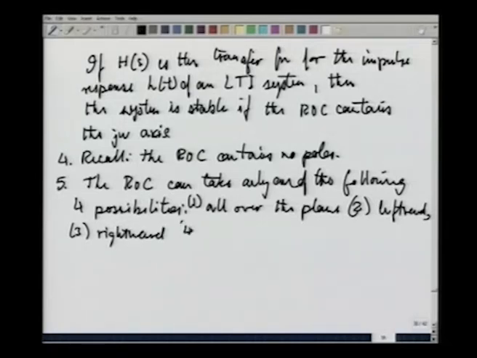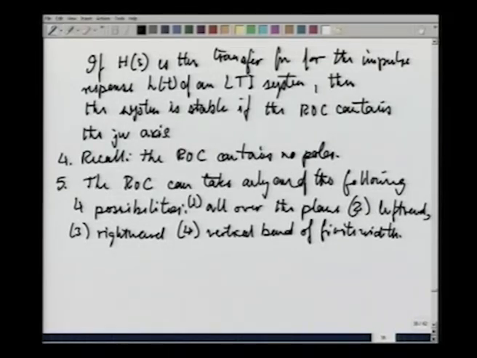And the fourth possibility is vertical band of finite width. These are the only 4 possibilities we have.